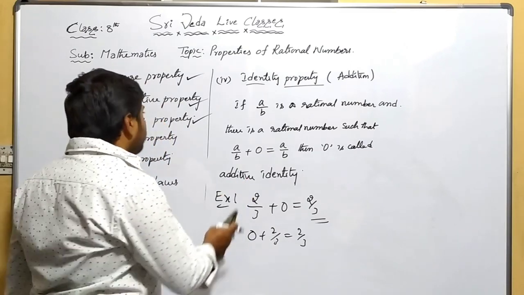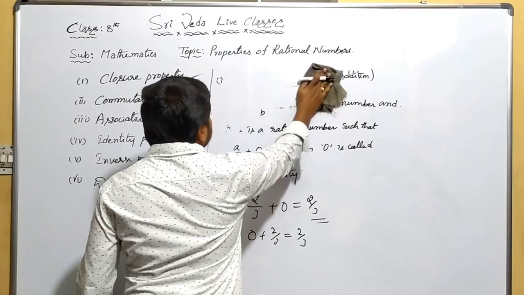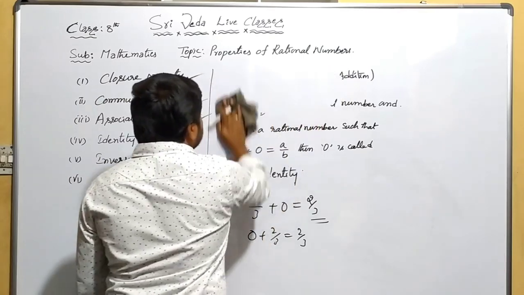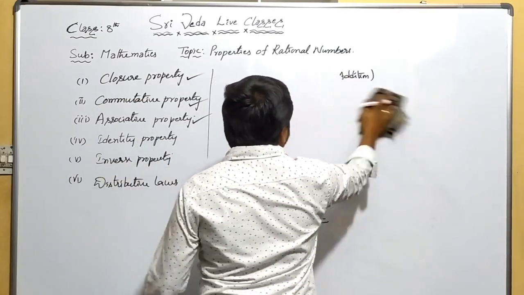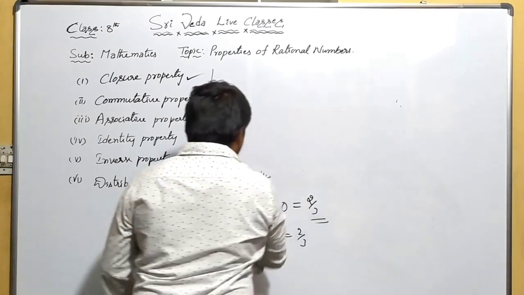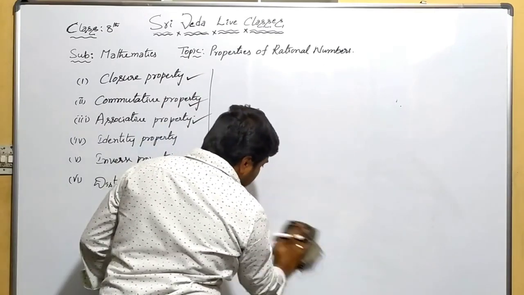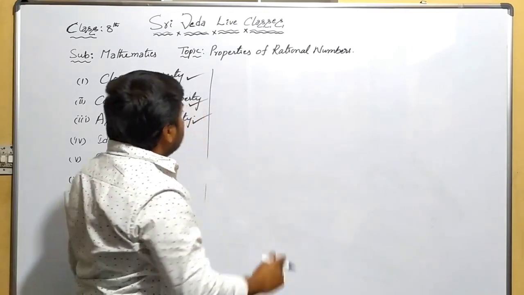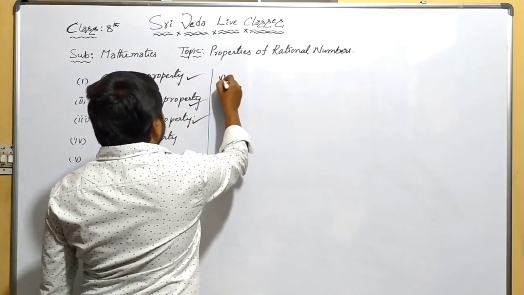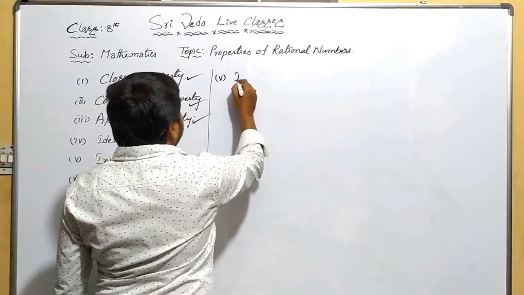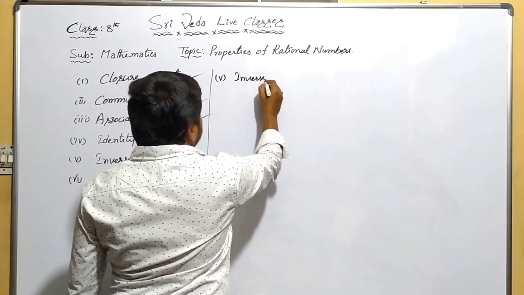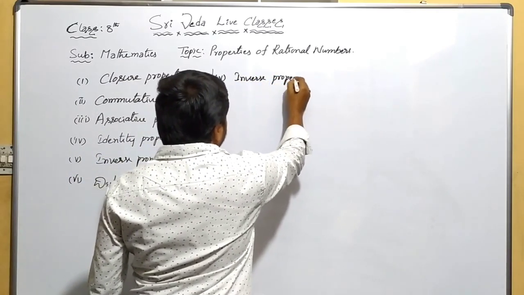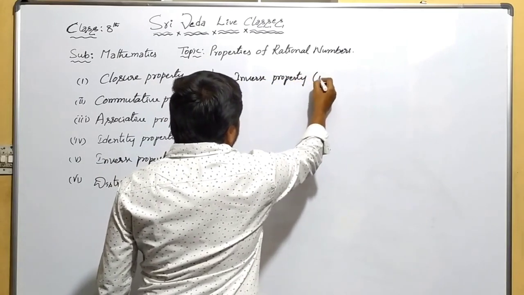Next one is inverse. The next property is the inverse property under addition, the fifth one.